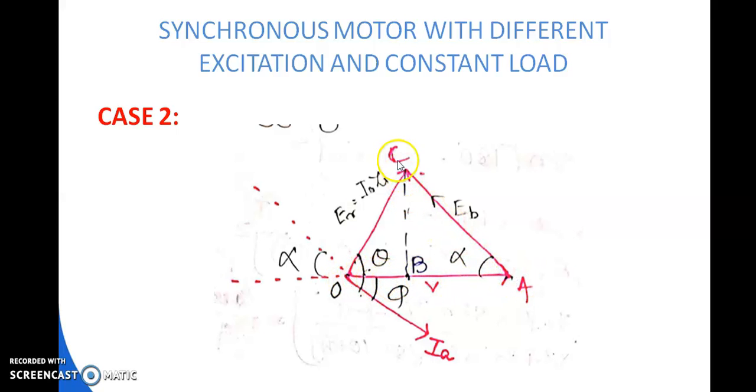From A to C is the back EMF generated, EB, and the angle is alpha. Here also the angle is alpha. This reflection we have drawn so that it would be easier to do the calculations. And this is the ER, the resultant EMF. Its formula is IA into ZS, and the angle between the resultant EMF and armature current is theta.